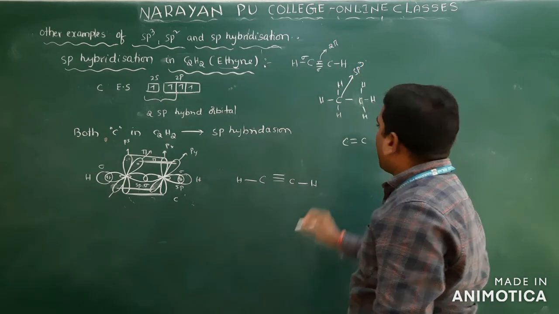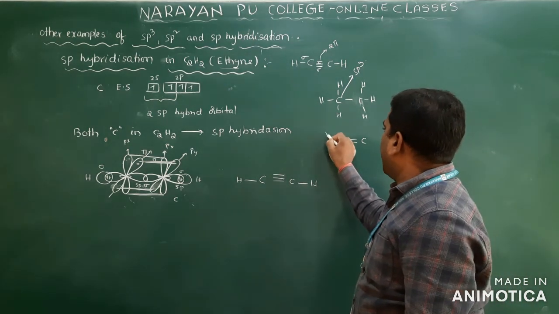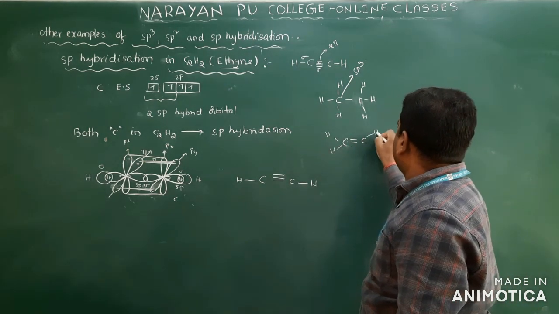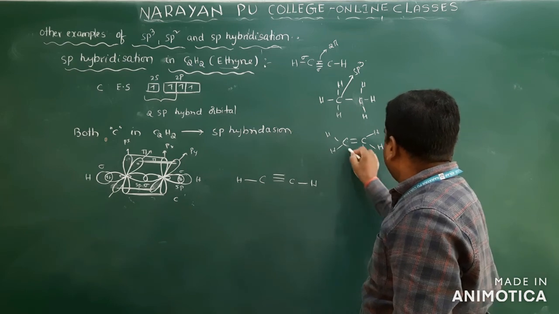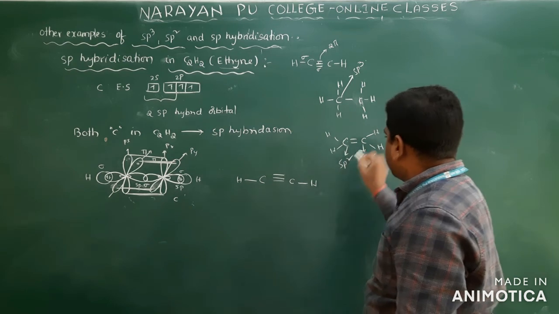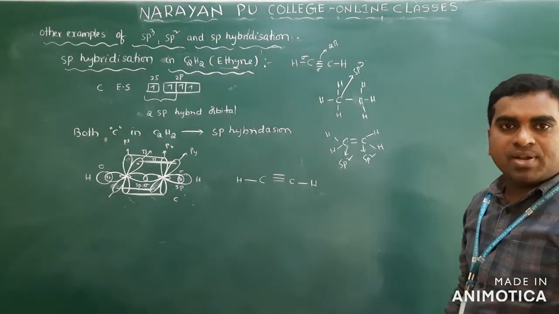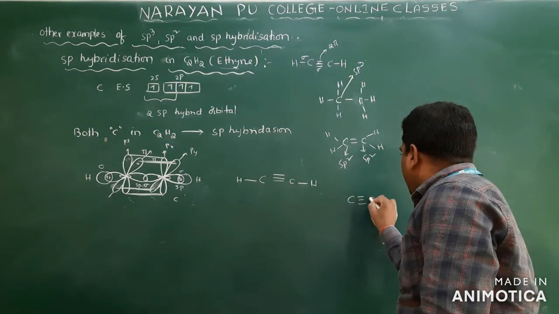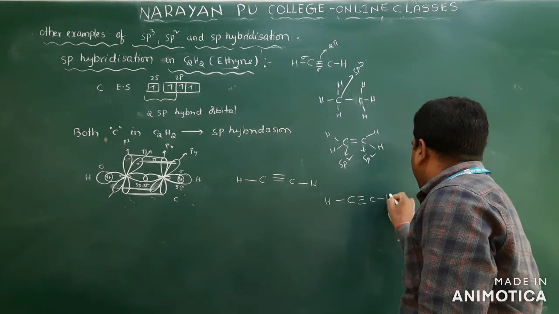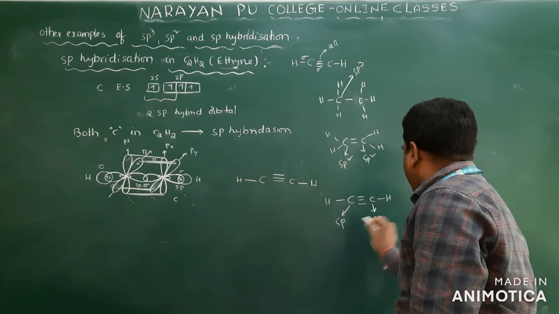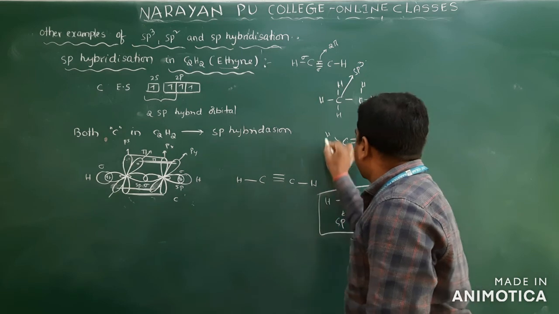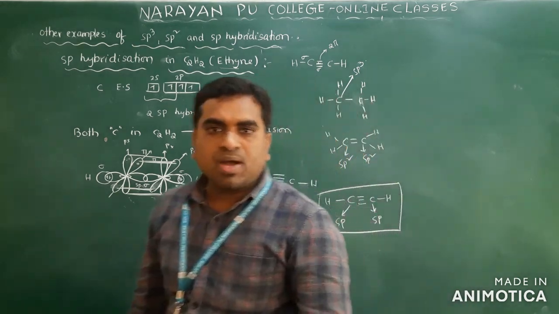If a double bond is there between the carbons, then those carbons have sp2 hybridization. If a triple bond is there between the carbons, then those carbons undergo sp hybridization. This is about hybridization.